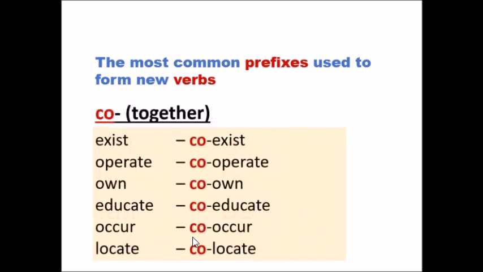Next prefix is co, which means together with. Exist, coexist. Operate, cooperate. Own, co-own. Educate, co-educate. Occur, co-occur. Locate, collocate. So these are some of the verbs that we have made by adding a prefix to the existing base word.